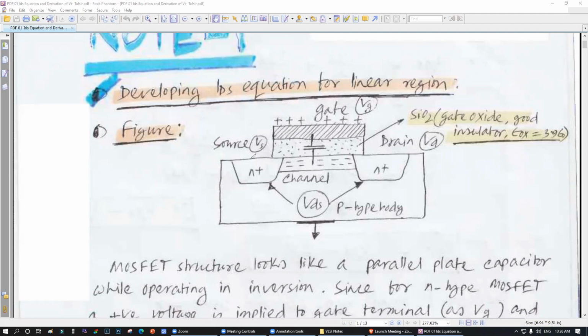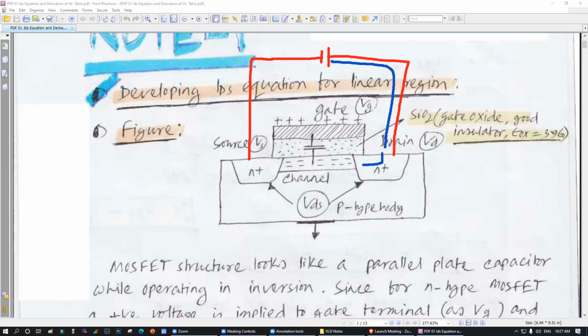Let's say you have a battery here, and this battery is connected to the source and drain. Now the metal wire, the red one, this is the metal wire.